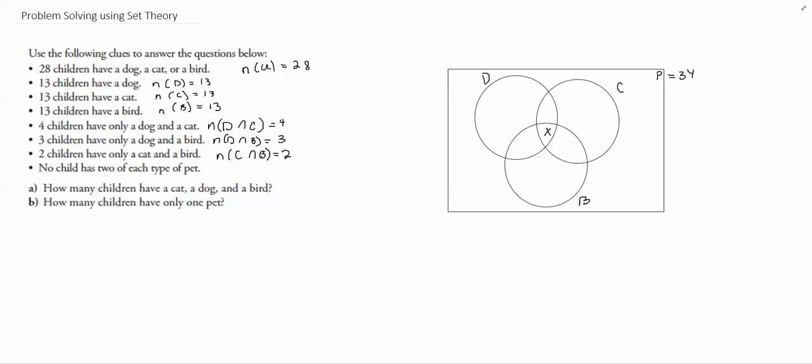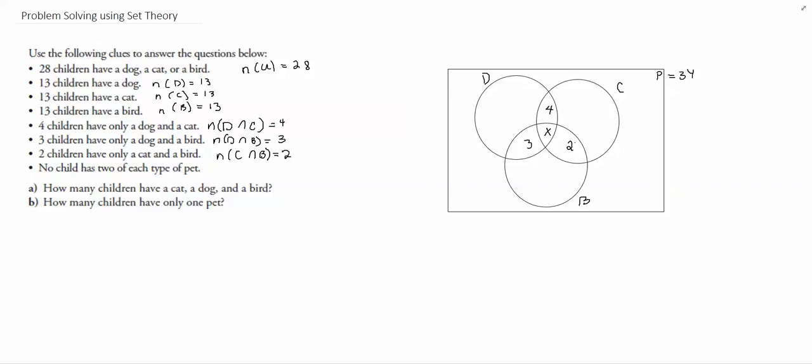We don't know who all of them are, but we do know that 4 children have only a dog and a cat. 3 children have only a dog and a bird. 2 children have only a cat and a bird. We still don't know how many belong in the middle.